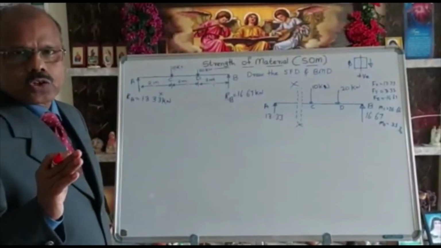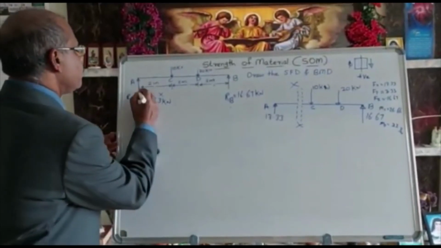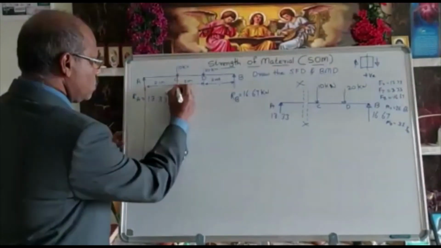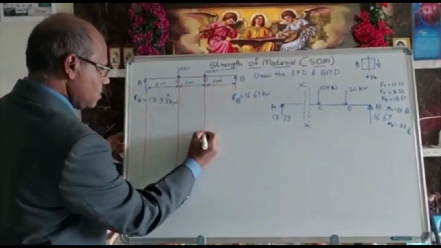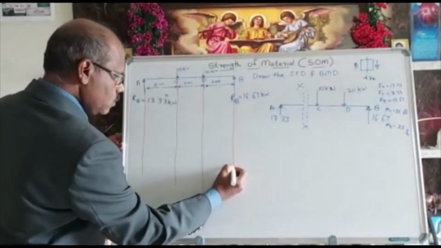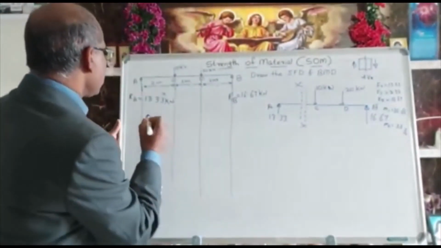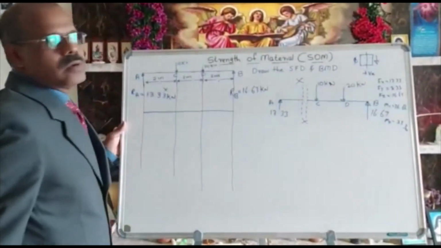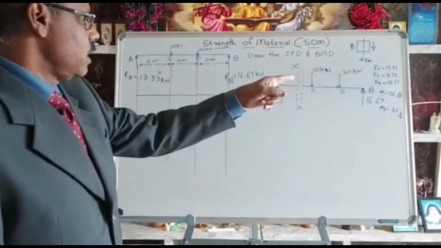Now we are going to draw the shear force diagram and bending moment diagram. For that we extend the lines from here, from all the points. Then draw the baseline first. What is the value of Fx?